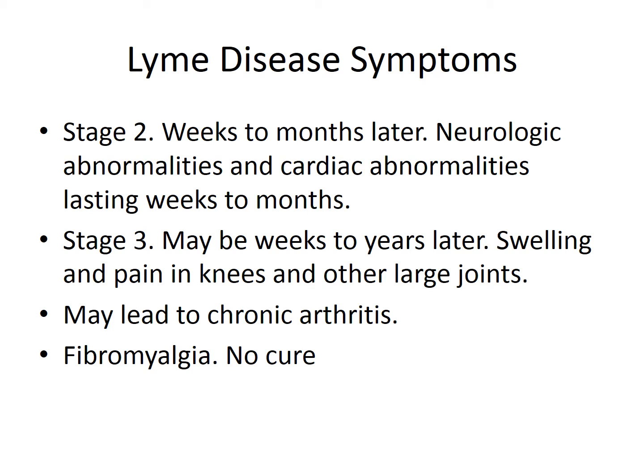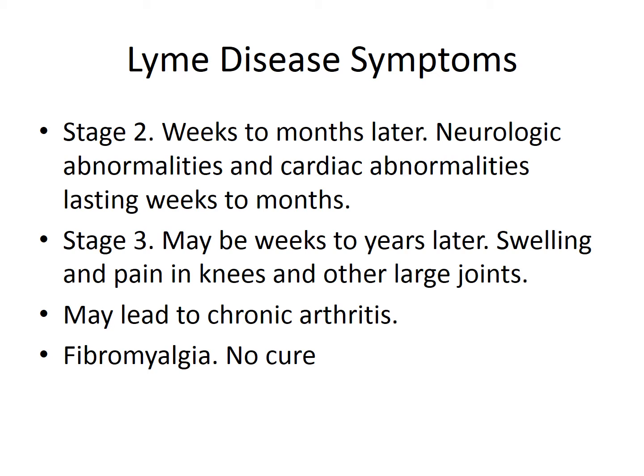In stage 2, which can be weeks to months later, they start to have neurologic abnormalities, tingling, numbness. They can have cardiac abnormalities with irregular heart rhythm, PVCs. So once again, if you look at what those symptoms are, they can mimic a lot of other symptoms.